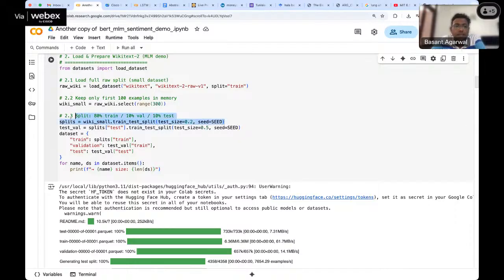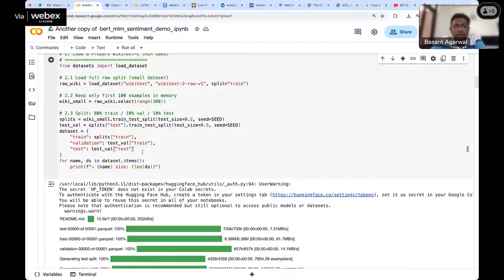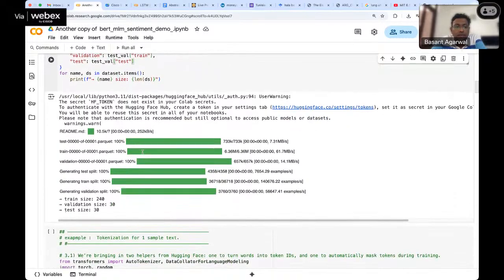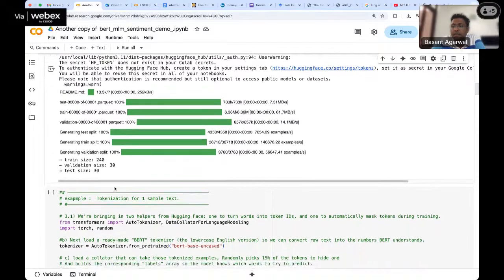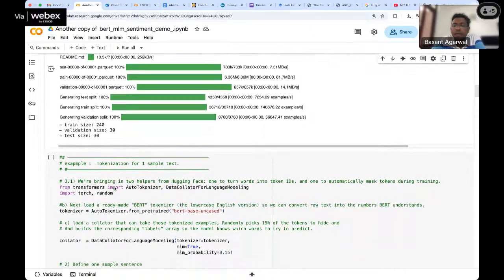So firstly, we divide the training and testing data with 80% and 20%. And then out of the 20% test data, it will split 50% of 20%, that is 10% of the whole data as validation data and 10% as testing data. So when we run this, we can see that trained data size is 240, and validation and testing data sets are 30 each.